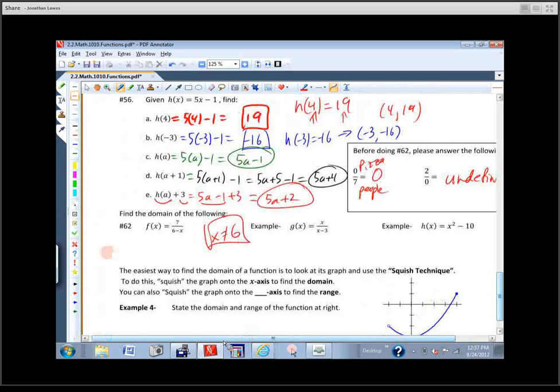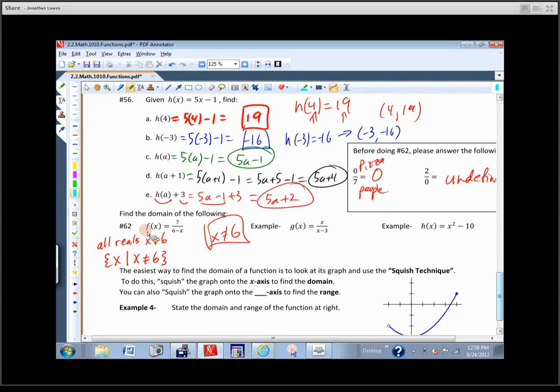We could say all reals, as long as they're not equal to 6. Or we could say the set of x's such that x is not equal to 6. Okay? Now, either one of these is acceptable. That one's just fine, and that one's just fine. That's called set builder notation. Okay? Either one of those is okay.